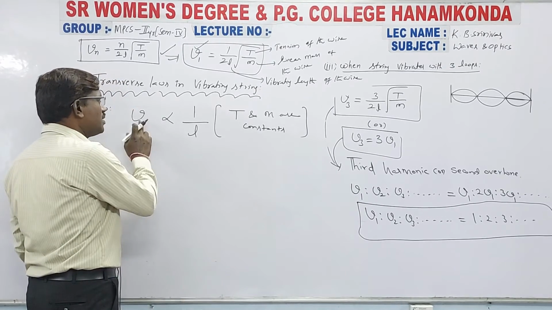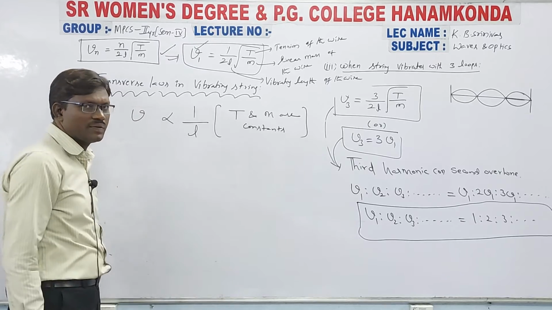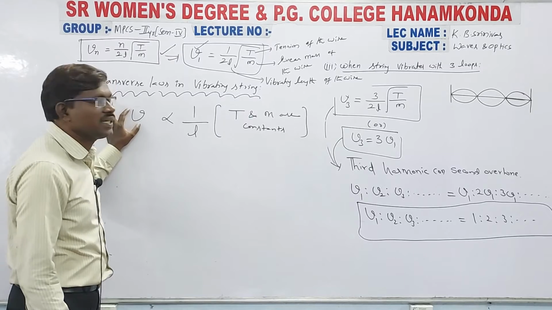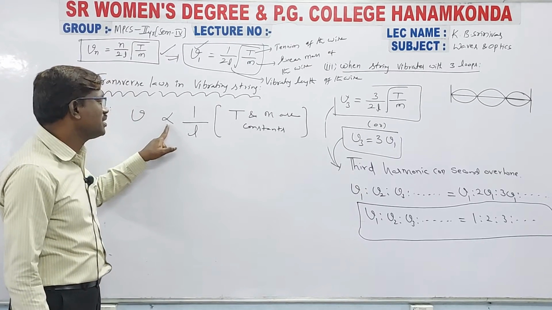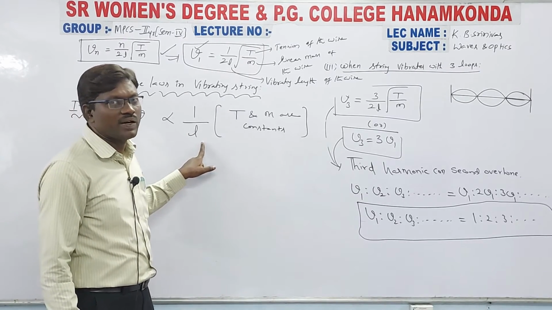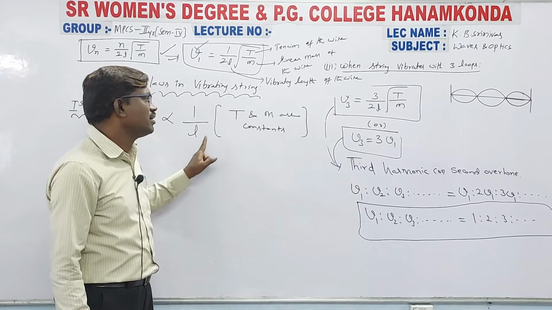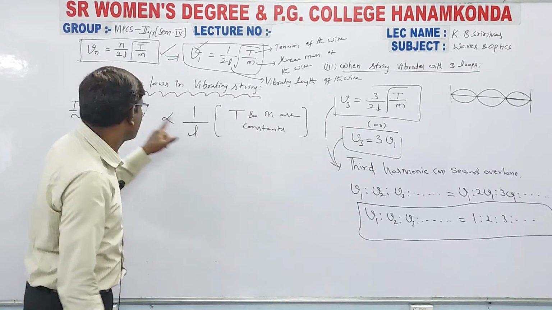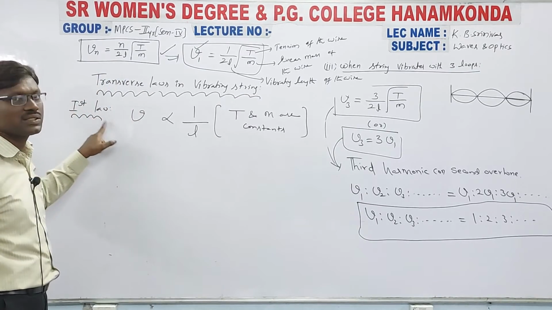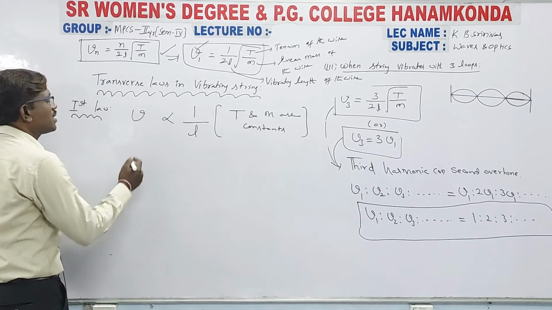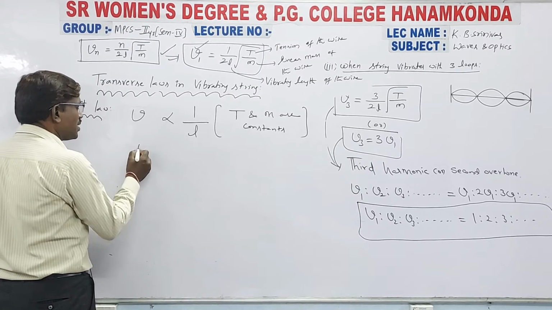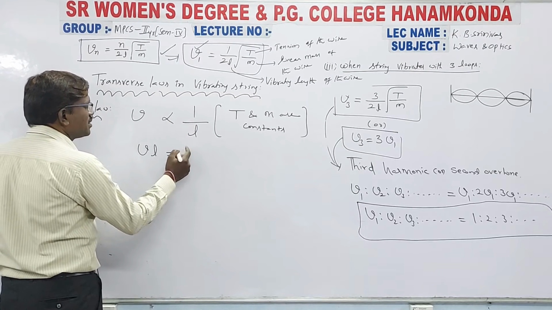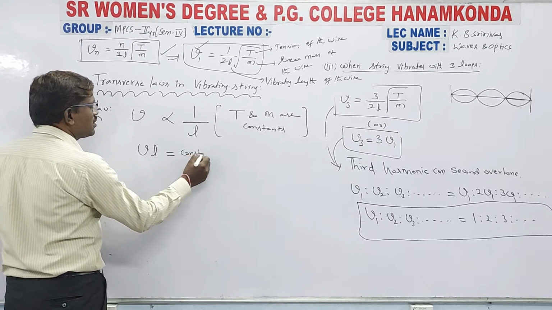So instead of nu 1, in general I am representing as nu only. The fundamental frequency of the wire is always inversely proportional to the vibrating length of the wire when tension and linear mass densities are constant, known as first transverse law. This also can be written, after cross multiplication, as nu L is equal to constant.